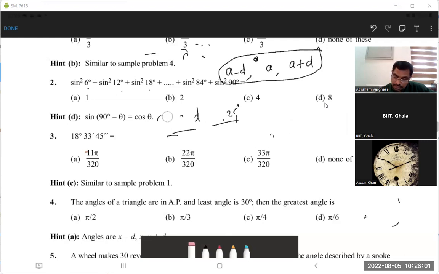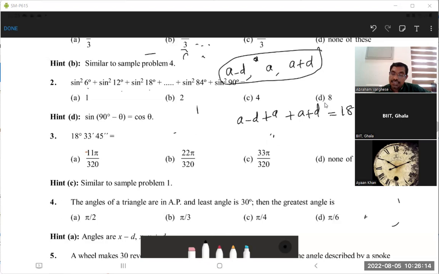How can you write? Their sum will be a minus d plus a plus d. This is equal to 180 degree because the sum will be 180 degree.